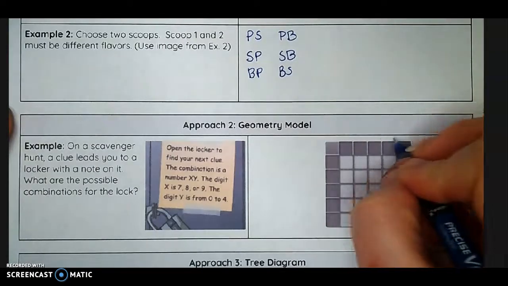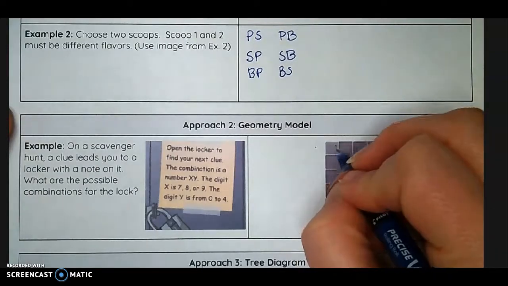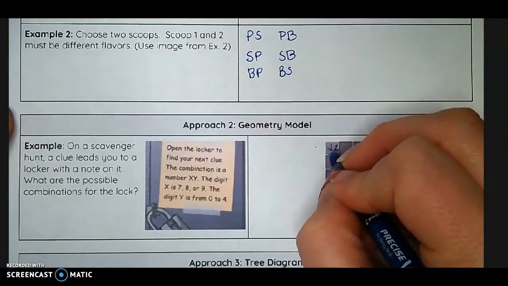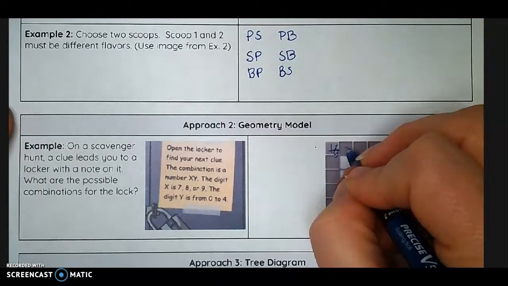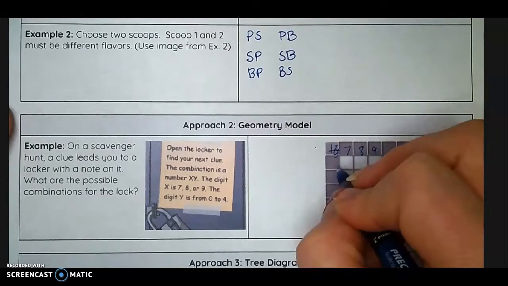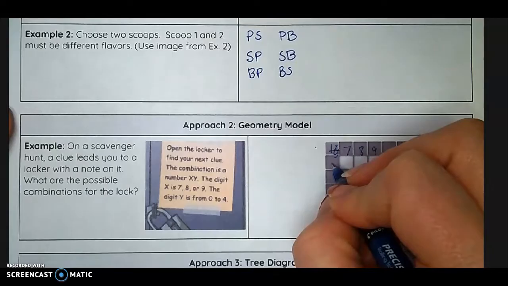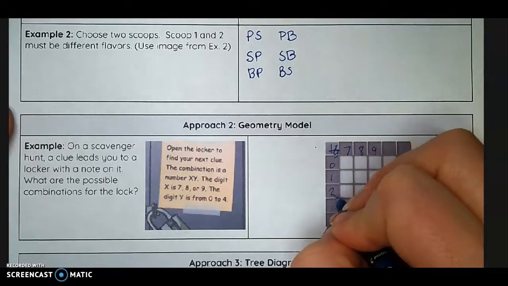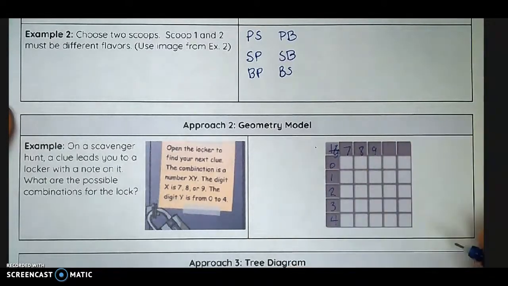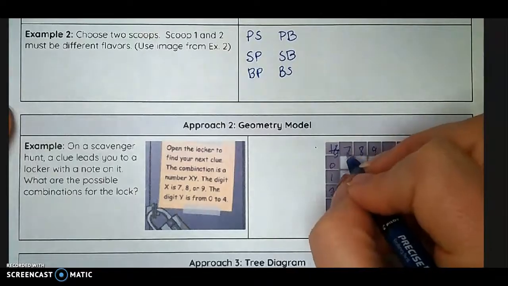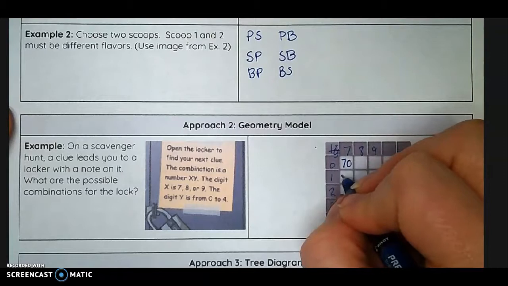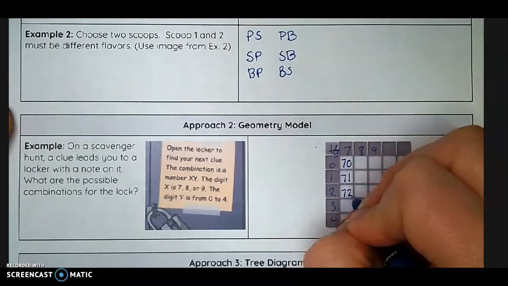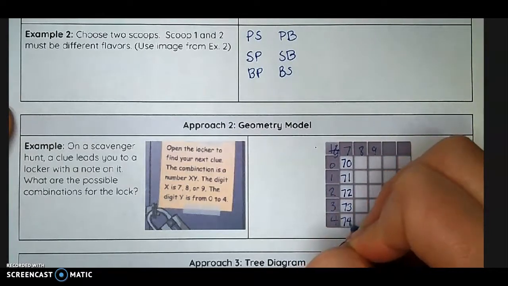So these are going to be my X's up here, and these will be my Y's down here. So my X's can be 7, 8, or 9, and my Y's can be 0, 1, 2, 3, and 4. My X's, it says, goes first, so 7 and then a 0, or 7 and then a 1, 7 and then a 2, 7 and then a 3, or 7 and then a 4.